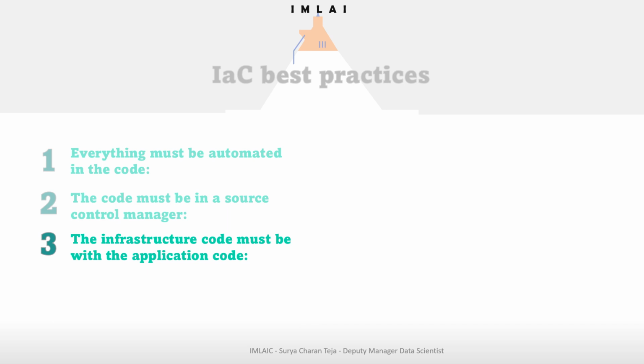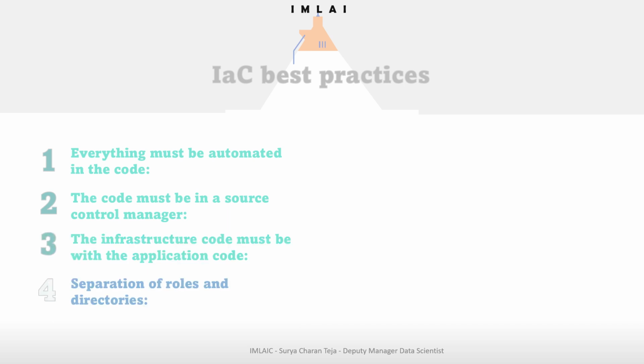In some cases this may be difficult, but if possible, it's much better to place the infrastructure code in the same repository as the application code. This is to have better organization between developers and operations who will share the same workspace.